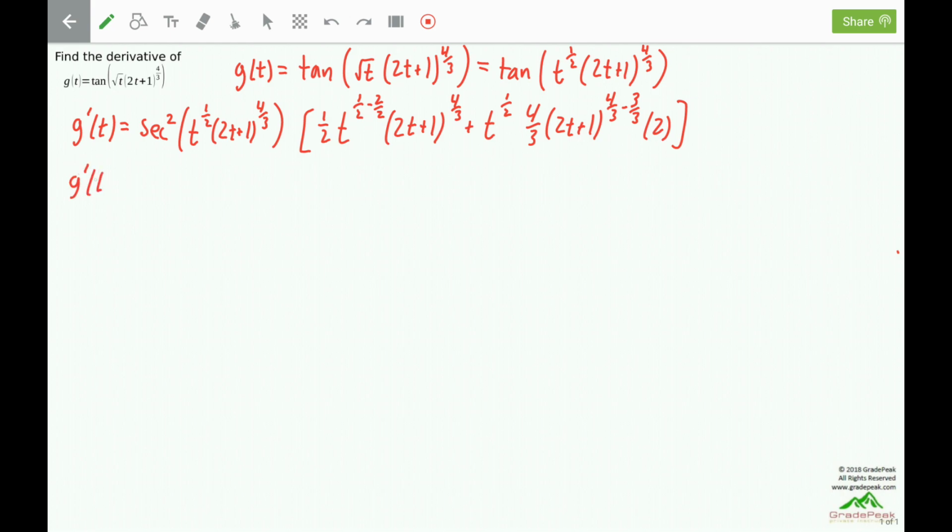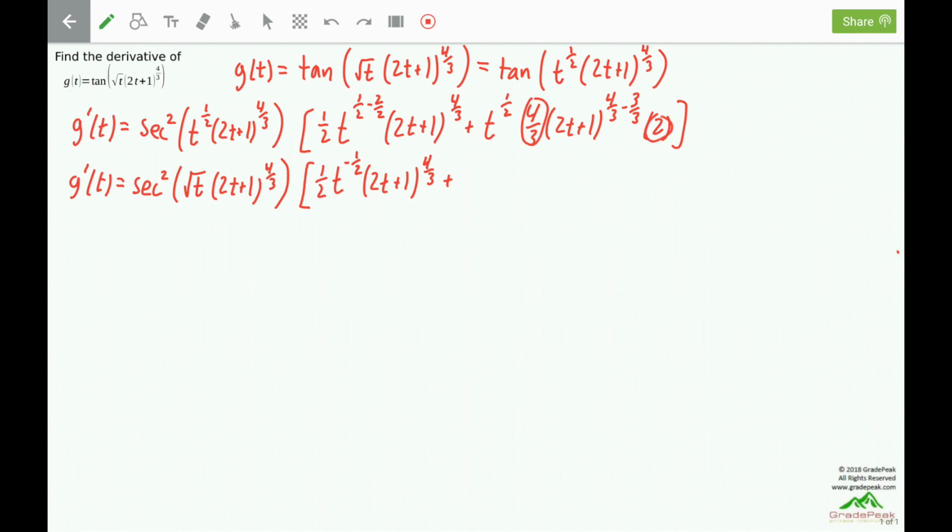So g prime of t is now secant squared of t to the 1/2, I'll just rewrite as square root of t, and that 2t plus 1 to the 4/3, I'll just rewrite as the same thing, 2t plus 1 to the 4/3. And we have this multiplying a 1/2 t to the 1 minus 2, negative 1/2, 2t plus 1 to the 4/3, plus, I'm going to put the constants together.